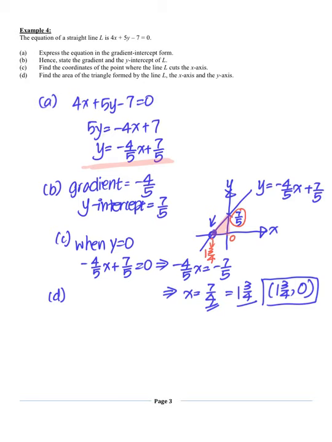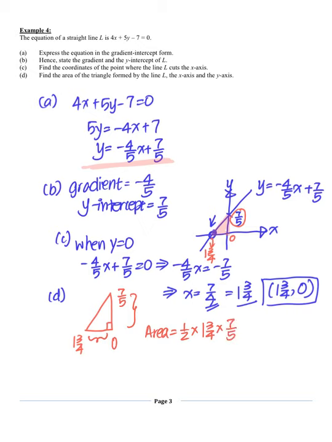So in order for us to find the area, if you were to draw here, this is 1 3/4, this is 0 and this is 7 over 5. So area will be half times base times height.